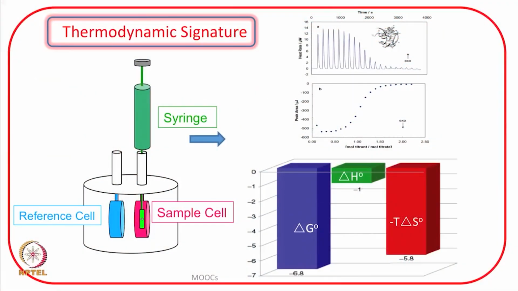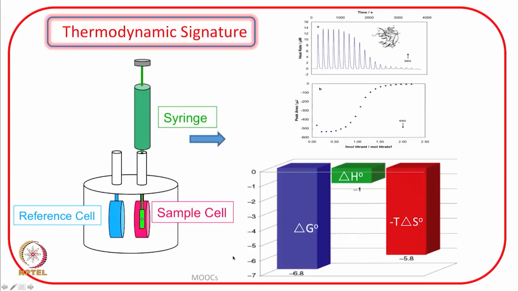These derived thermodynamic parameters we will call as thermodynamic signature, that is delta G naught, delta H naught and minus T delta S naught. We will call these as thermodynamic signature accompanying the binding of a ligand with a macromolecule.